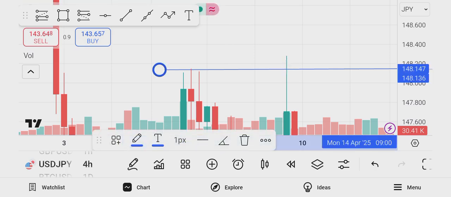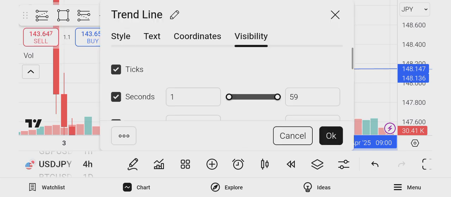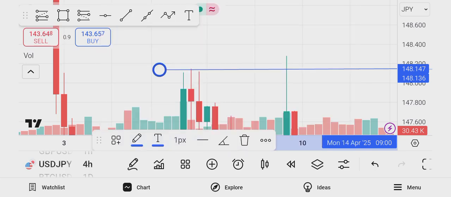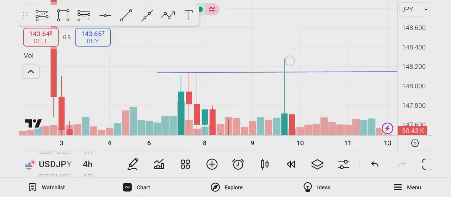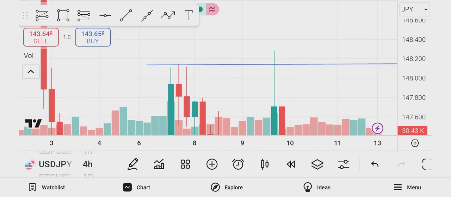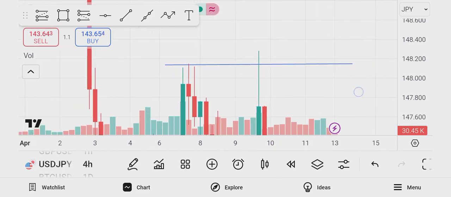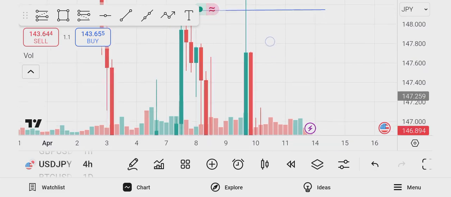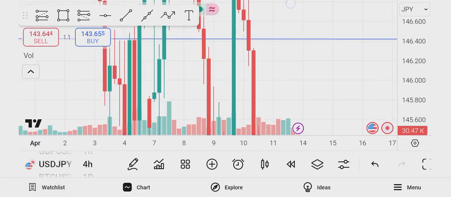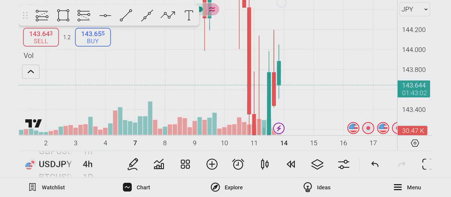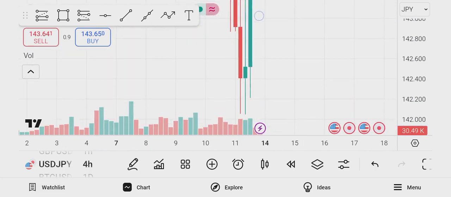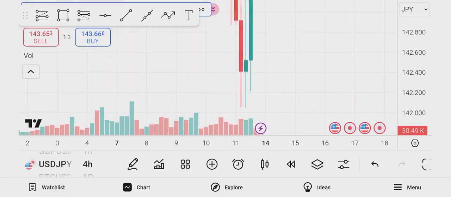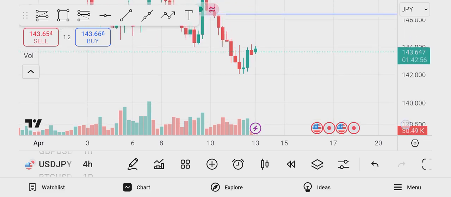Someone will think that this is a break of structure to the upside, so the person will take a buy in this zone, not knowing that the market only wants to go and grab liquidity. Then the moment the market grabbed the liquidity, it started falling again towards this range. See the way the market fell to this range, then the market started rallying back up.